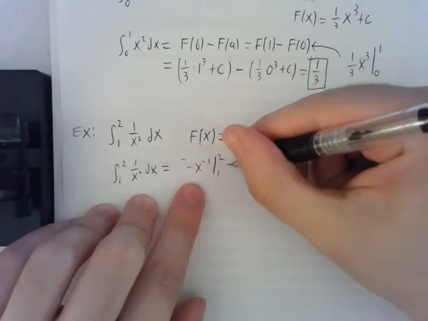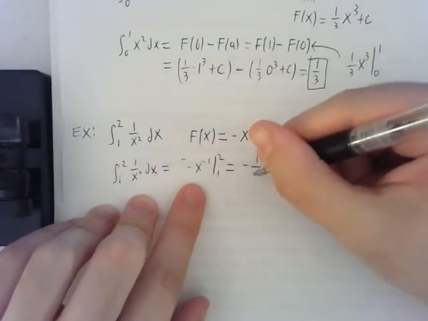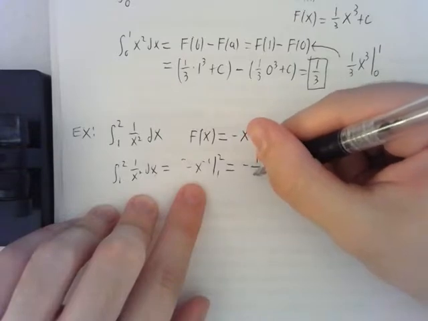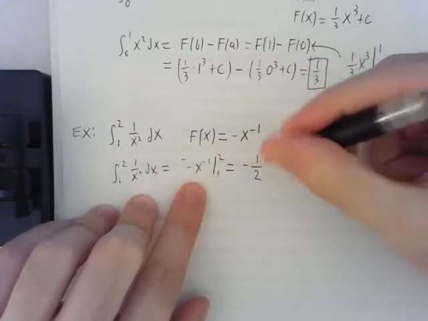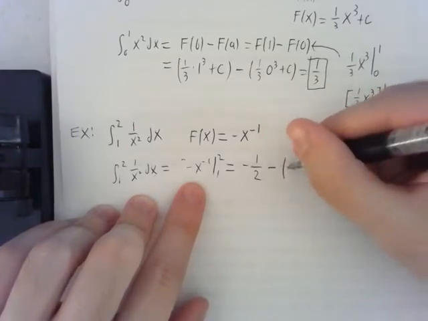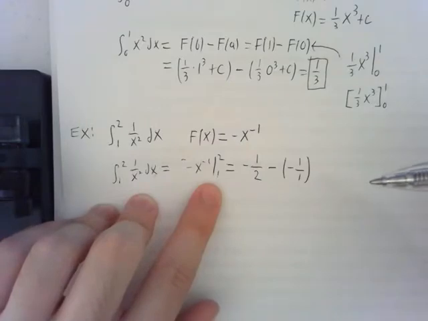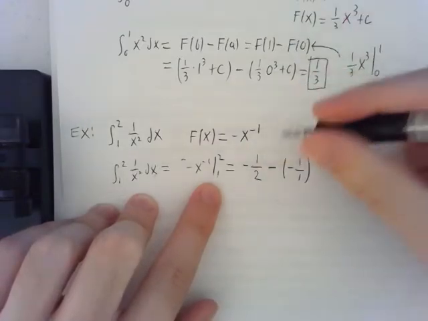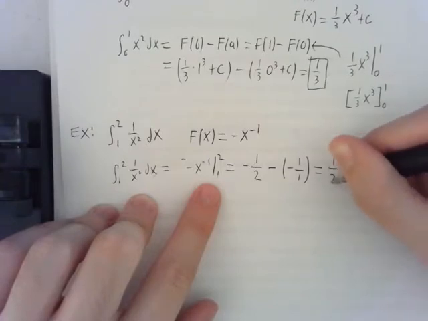And this thing will be equal to negative 1 over 2. That's what happens if I plug in 2 to this function. Then minus negative 1 over 1. That's what happens when I plug in 1 to this function. And so this means it's negative 1/2 plus 1. That gives me a total of 1/2.